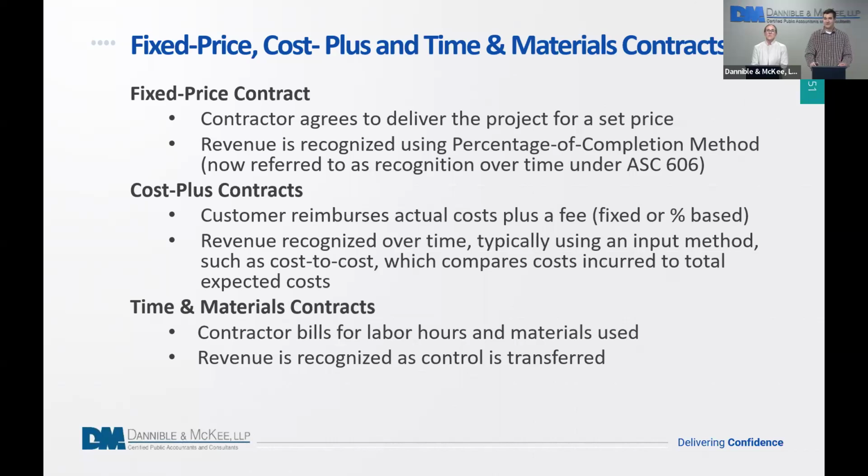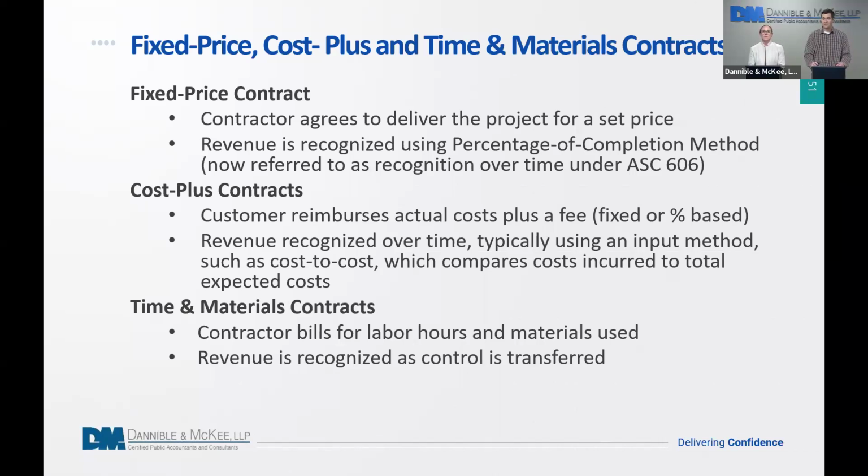Cost plus contracts, typically when the customer reimburses for actual costs plus a fixed fee, which could be based on a percentage or a fixed dollar amount. Again, revenue is generally recognized over time. You're going to use your cost to cost input, comparing that to total expected costs on the job.